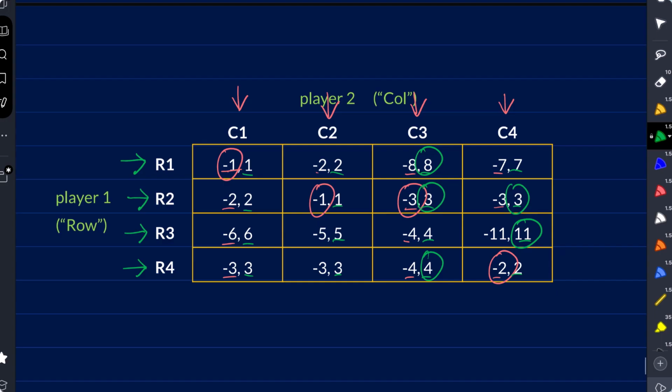Okay, so the solution to the game is going to be the strategy pair that corresponds to any outcome where we circled both of the values. So that's going to be there.